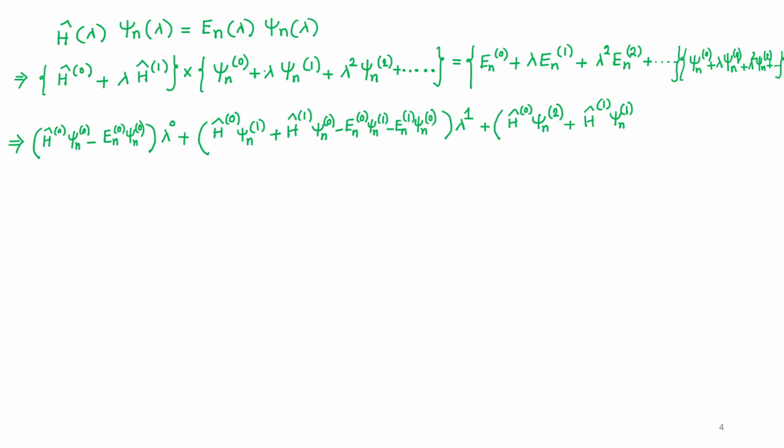Nothing from this side. We have to look at the right hand side. So E n 0th order with psi n second order, then we have E n first order with psi n first order, and we will have E n second order with psi n 0th order, right?